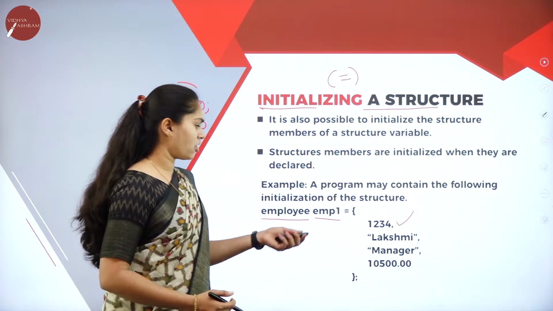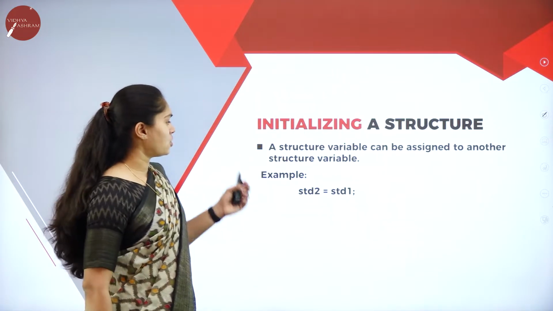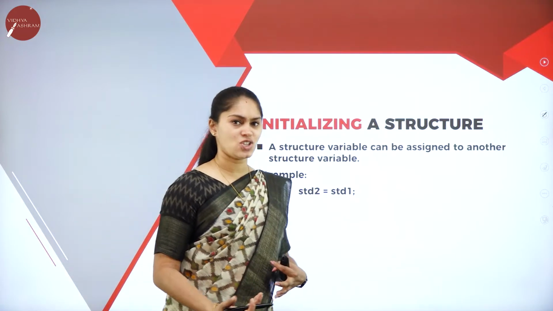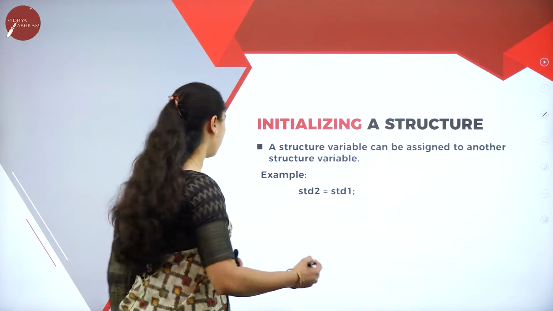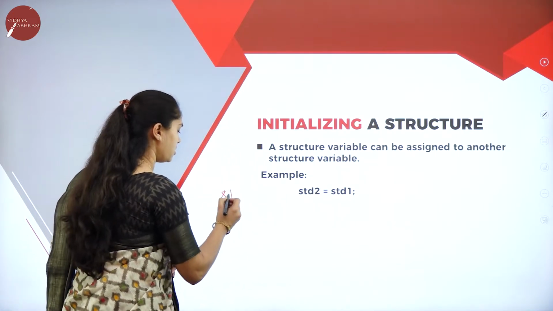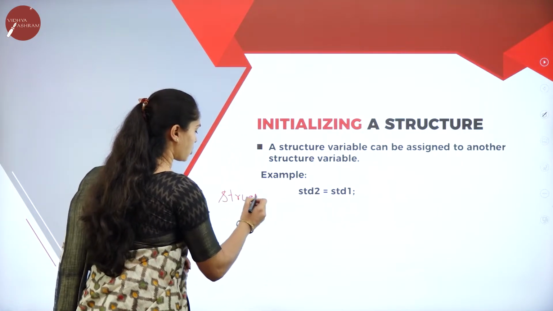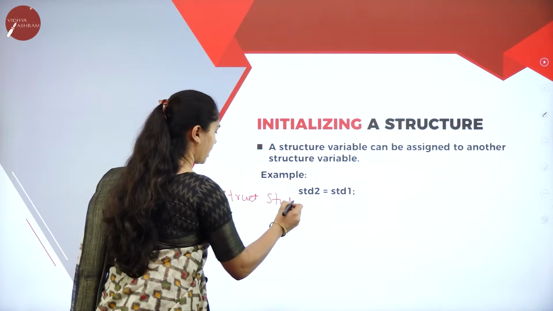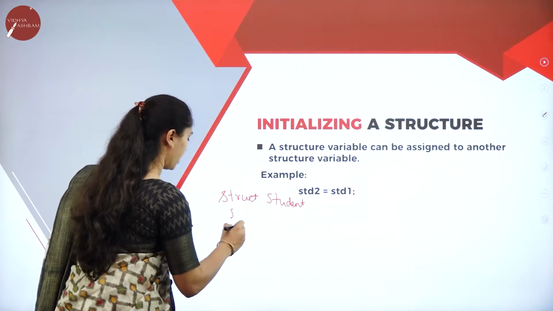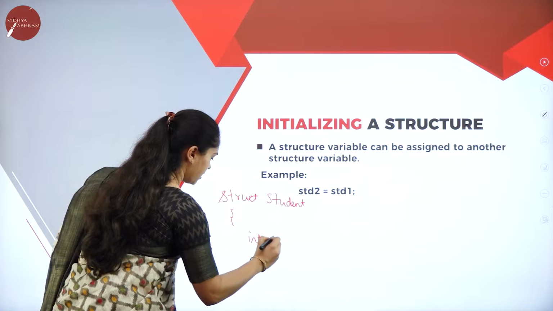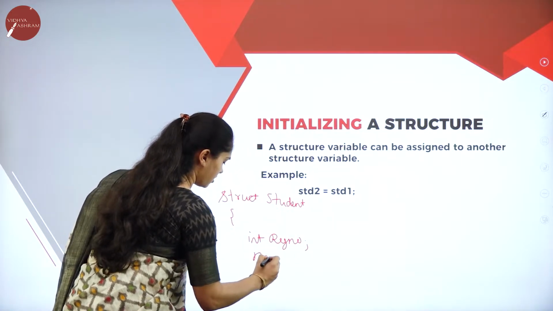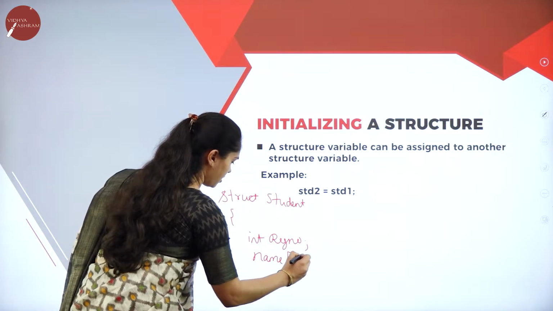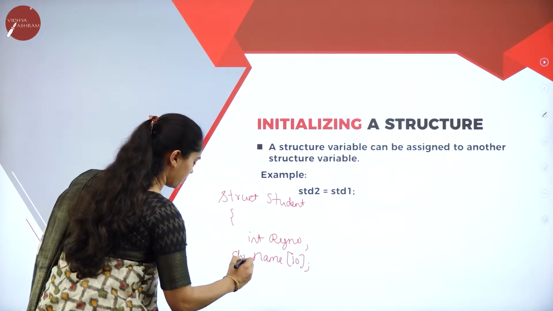It could be employee or student, anything it could be. So here you can see that I can initialize the content of one variable to another variable. For example, consider I have a student structure. Let me consider I have int register number, and let me consider name of 10, which is of the data type char.